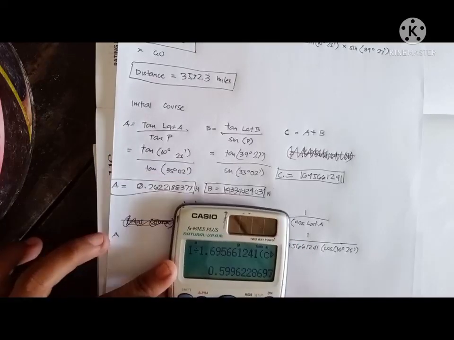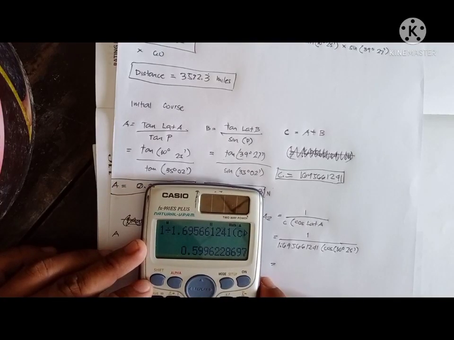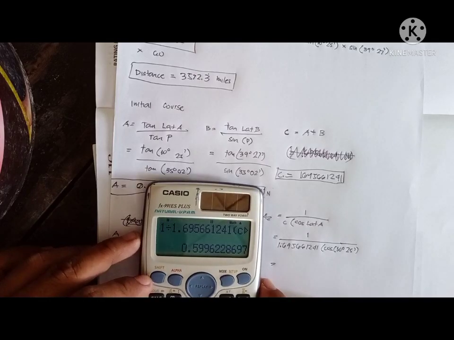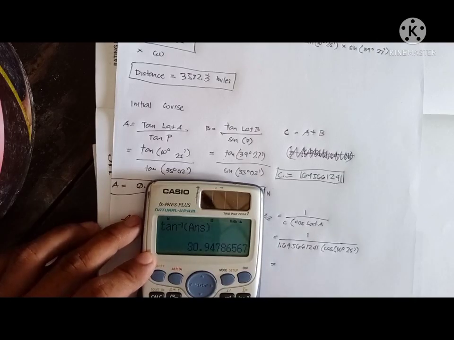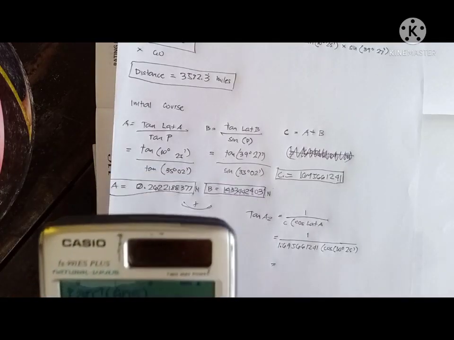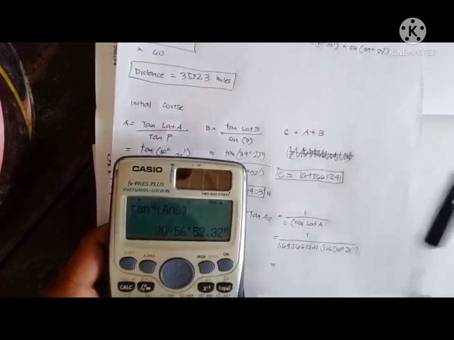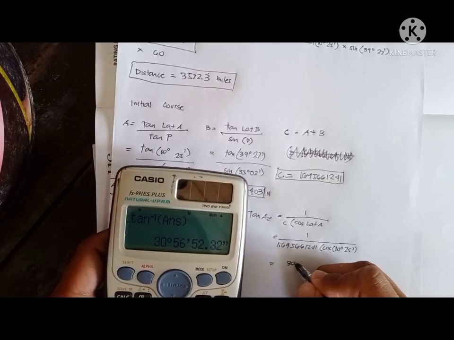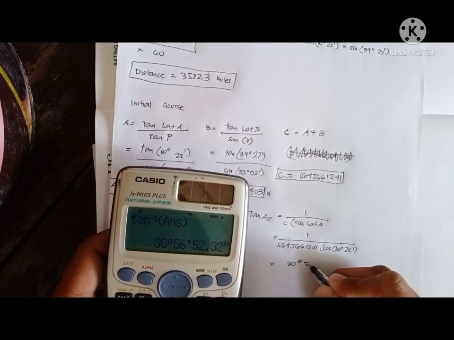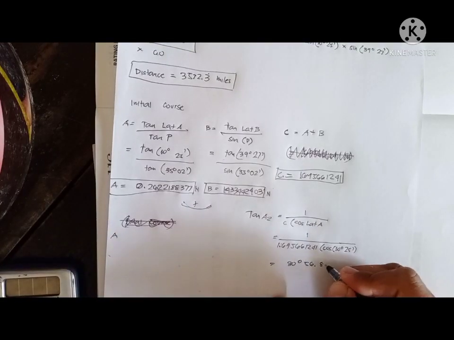Then we're going to inverse tangent this in order to find its true course. So shift tan, answer, then press this. So we'll come up to the answer in degrees: 30 degrees 56.87 minutes west.